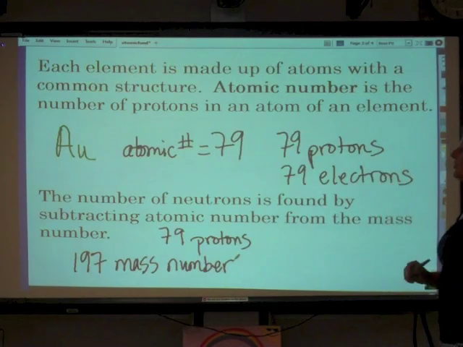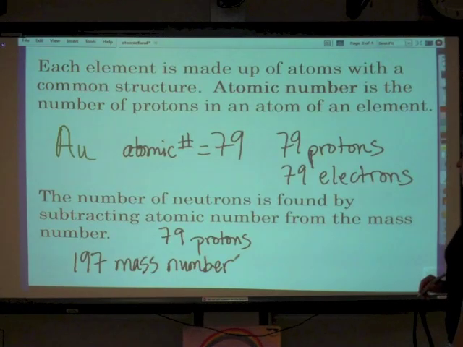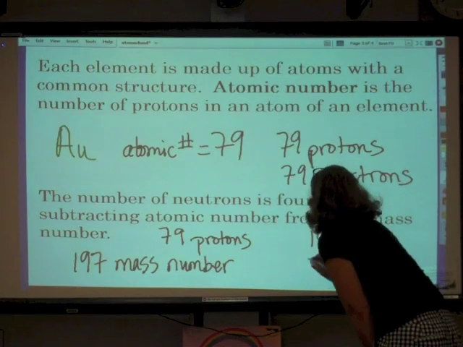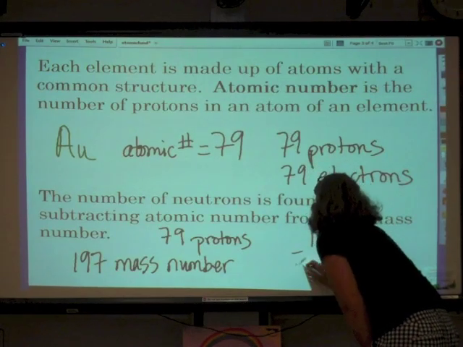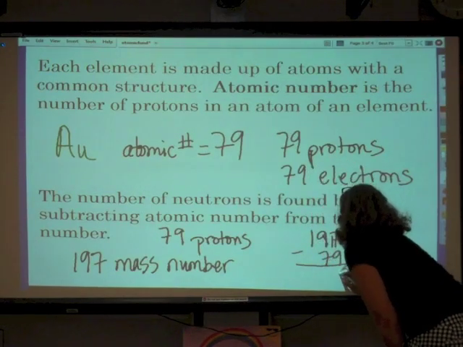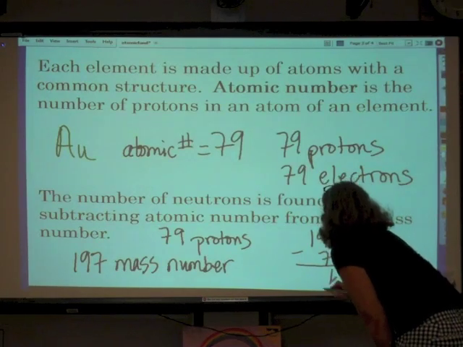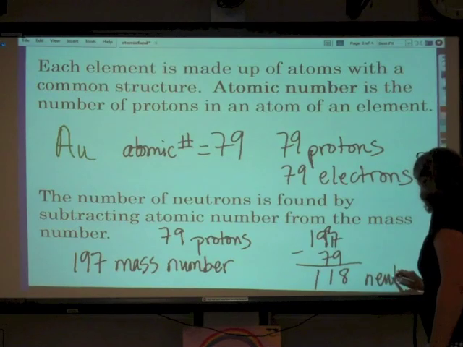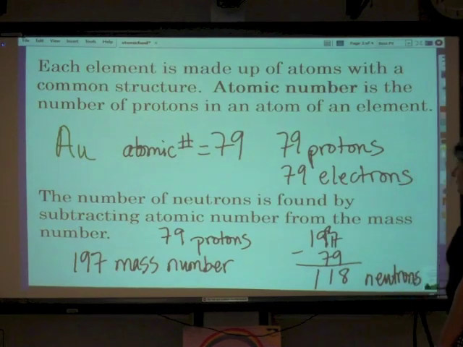So, in order to find the number of neutrons in a typical gold atom, we're going to take 197 minus 79, and that is going to give us 118 neutrons in a typical gold atom.